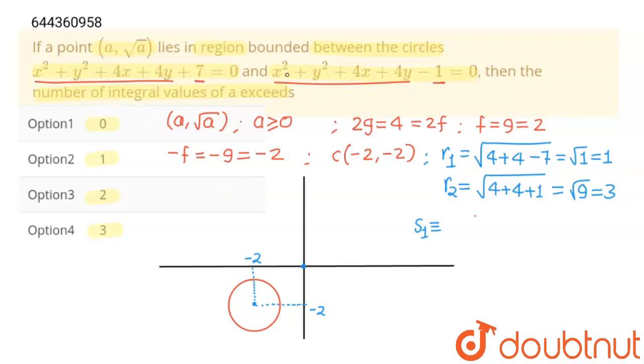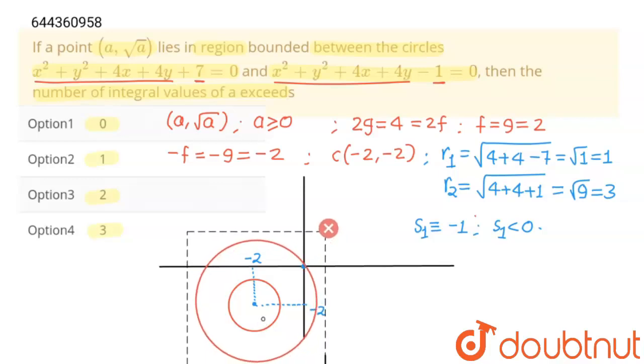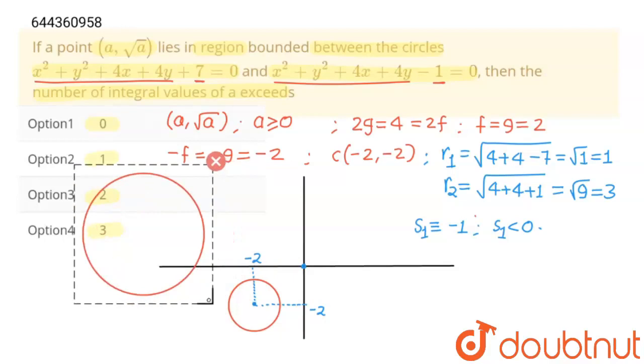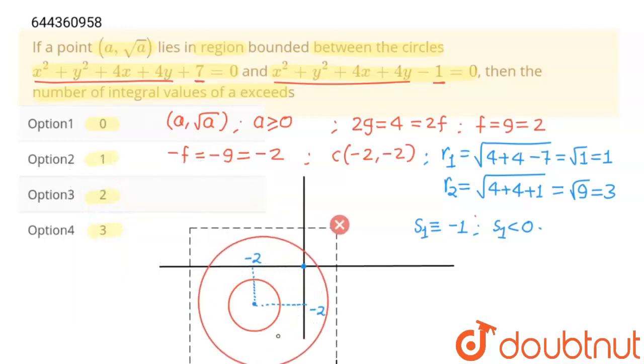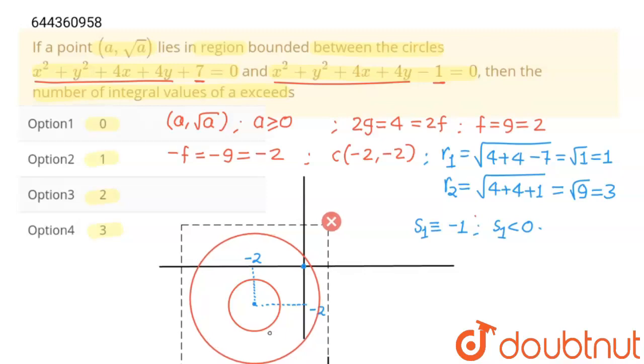So in place of x I will put 0 and in place of y I will put 0: 0 square plus 0 square plus 4 into 0 plus 4 into 0 minus 1, this will become minus 1, which means that S1 is less than 0. And when S1 is negative, it means that the point will lie inside the circle. So this is our circle with radius 3 and the origin is inside.